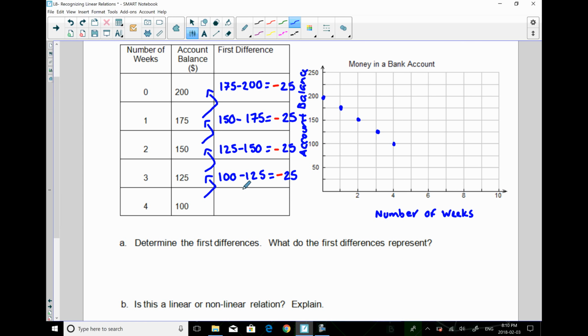So determine the first differences, we did that. What do the first differences represent? It tells us that every week $25 is being taken out.